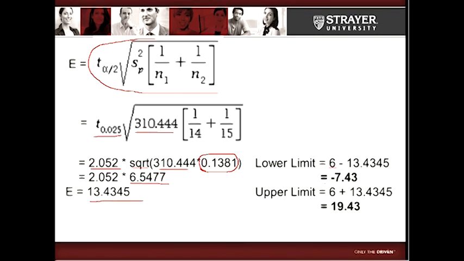So your lower limit is that difference, 6 minus 13.4345, which is negative 7.43, and the upper limit is 6 plus that same margin of error, which gives 19.43 for the upper limit of the confidence interval.